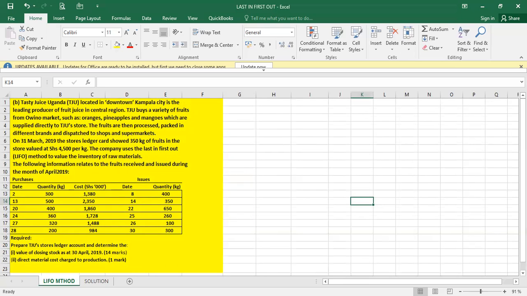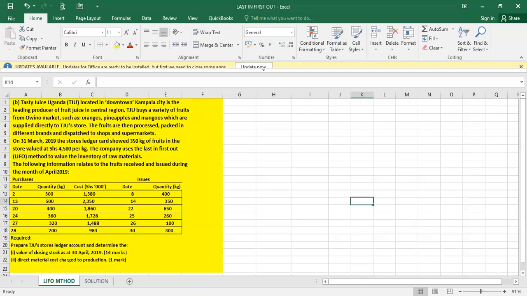TJU buys a variety of fruits from Owino Market, such as oranges, pineapples, and mangoes, which are supplied directly to TJU's store. The fruits are then processed, packed in different brands, and dispatched to shops and supermarkets.